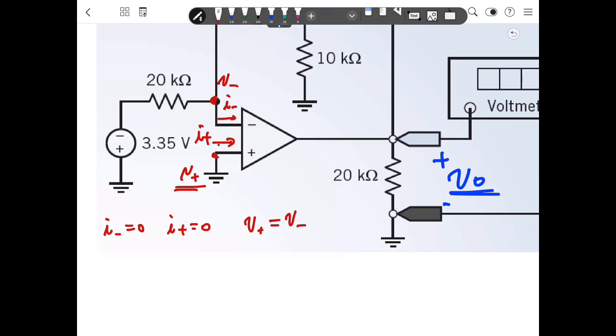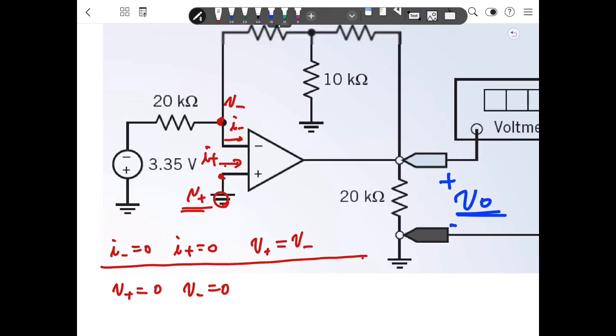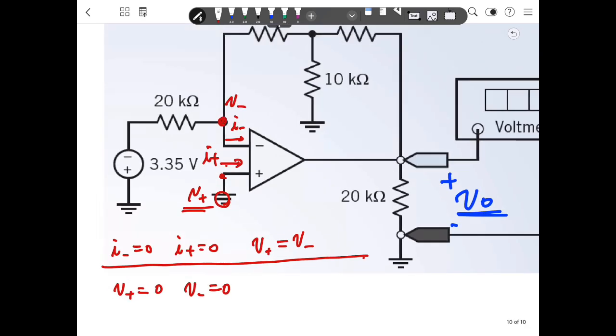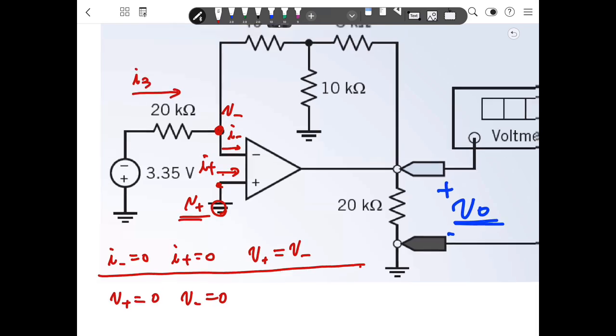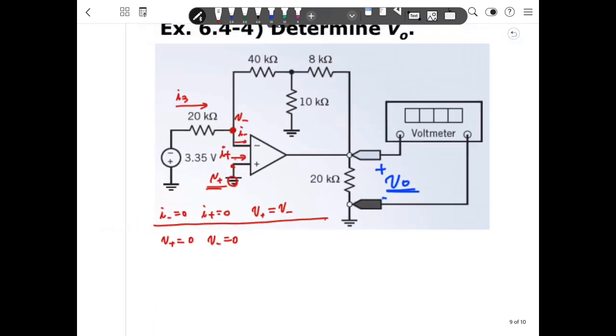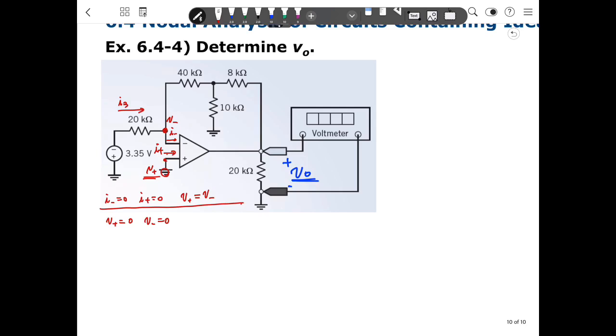But we already know what V plus is. In this problem, V plus is connected to ground, so it will be 0. Because that is 0, we define that current as I3. Then how much is I3? That voltage is, because this is ground, plus minus 3.35.